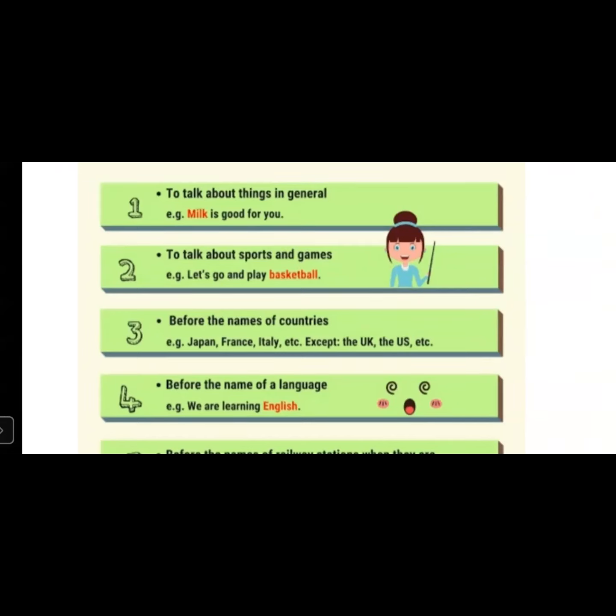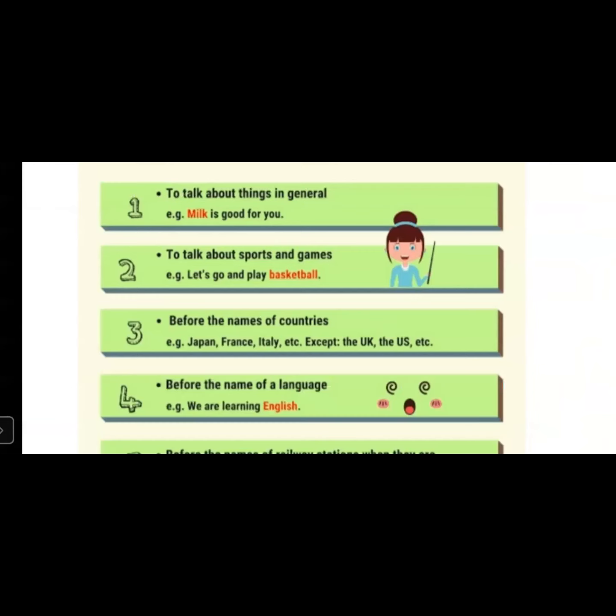For example, the UK, the USA, the United Nations or the Emirates. That time we are using the. Besides that, we are not using the, a or an.